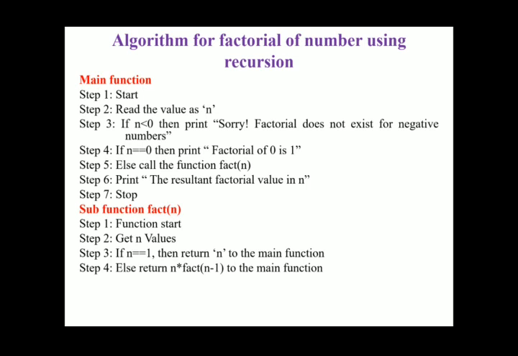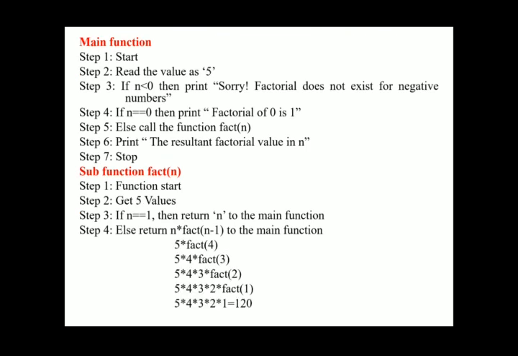In step 4, we are recursively calling the same function n times. That is, n into fact of n minus 1. Until the condition becomes true, the same function is recursively called. So consider n contains 5, which means 5 is passed to the subfunction.